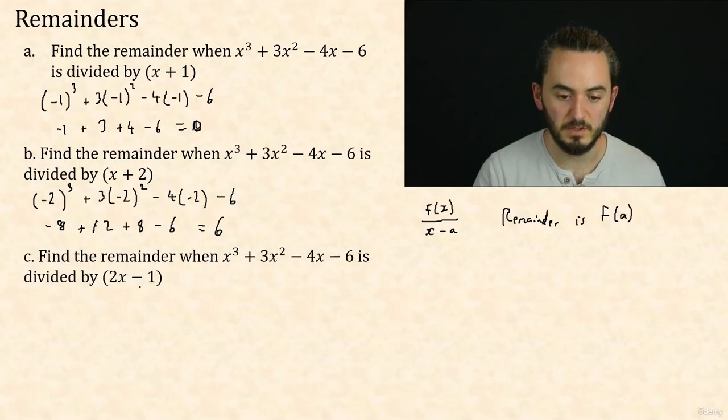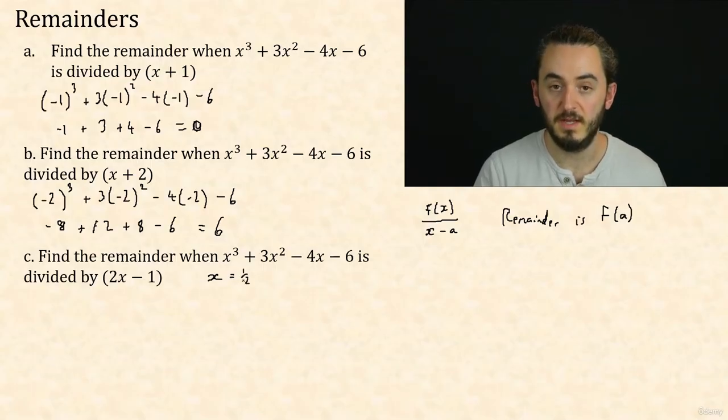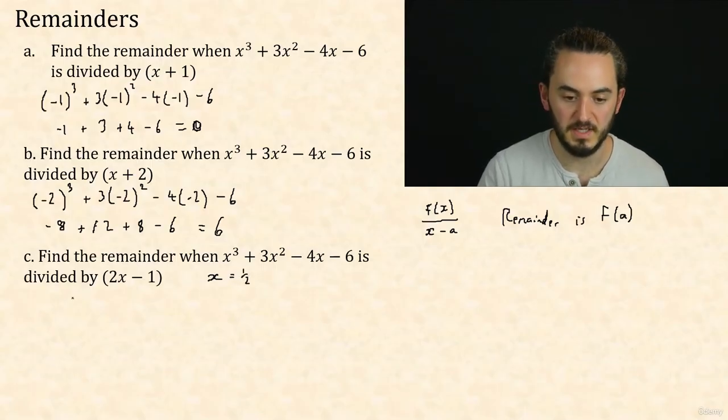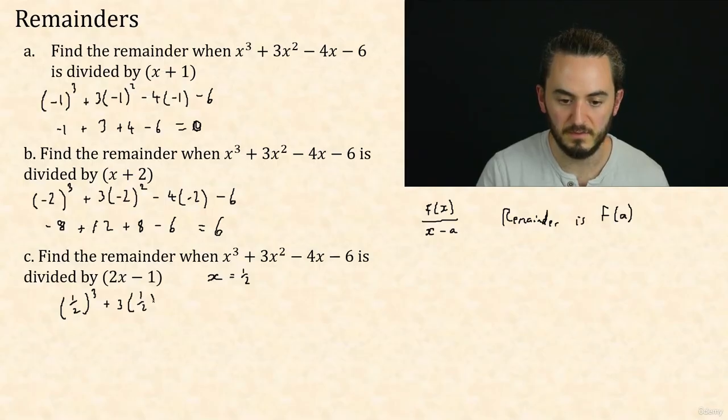Now for this one, what's the x value that would make this term 0? Well, it's x equals a half. So x equals a half is what we sub in here. So in that goes: a half cubed plus 3 times a half squared minus 4 times a half minus 6.